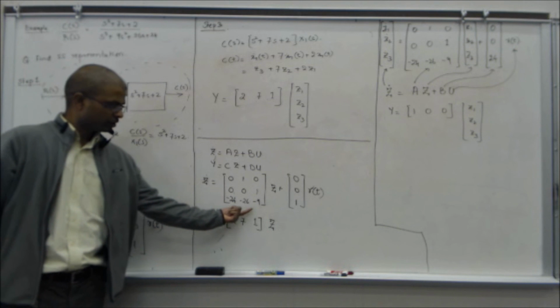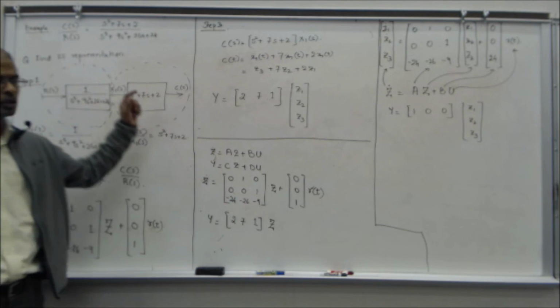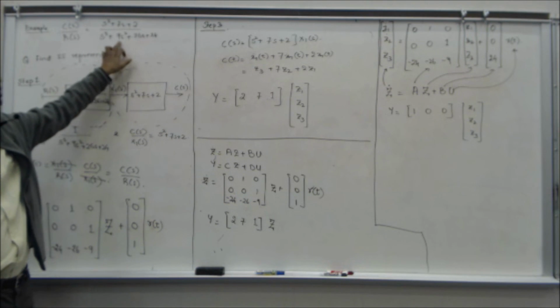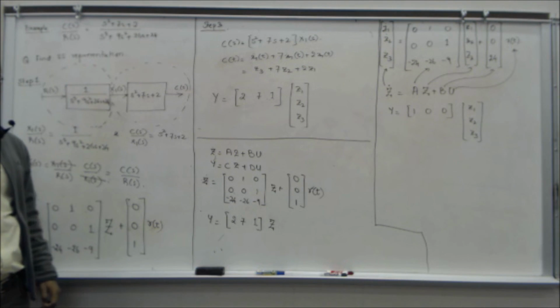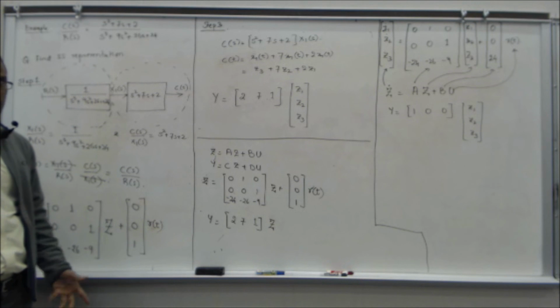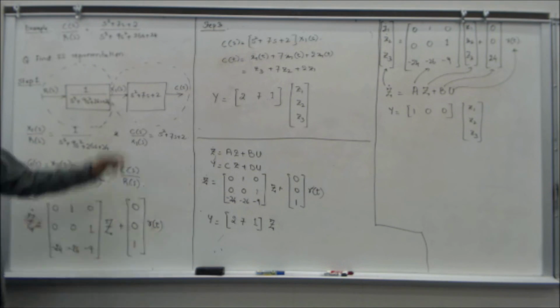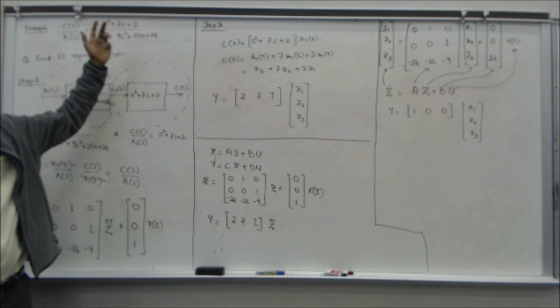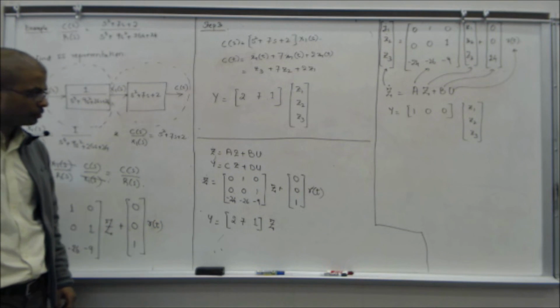You'll always get something in this row because you can see these minus, minus, minus. That's what you're going to always get. Okay. They are always negative? Yeah. They are not always. If one of this is negative, it will be positive.